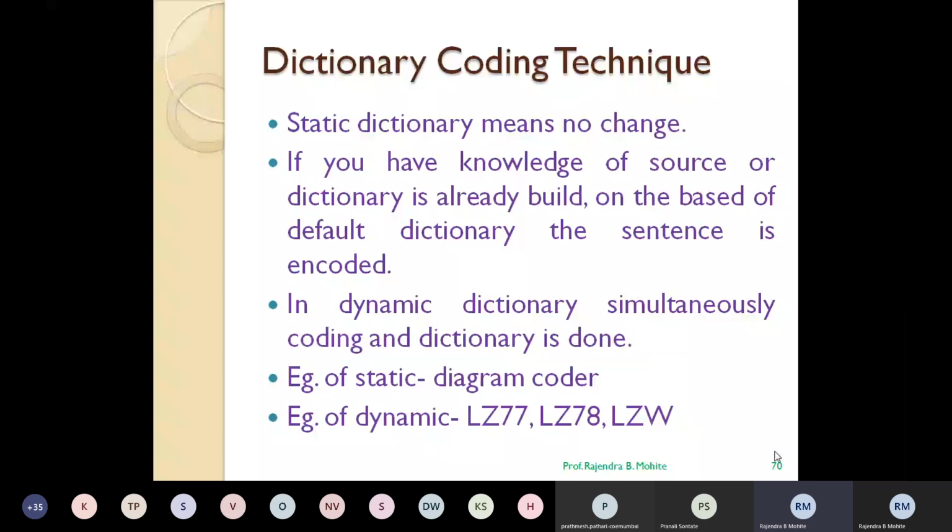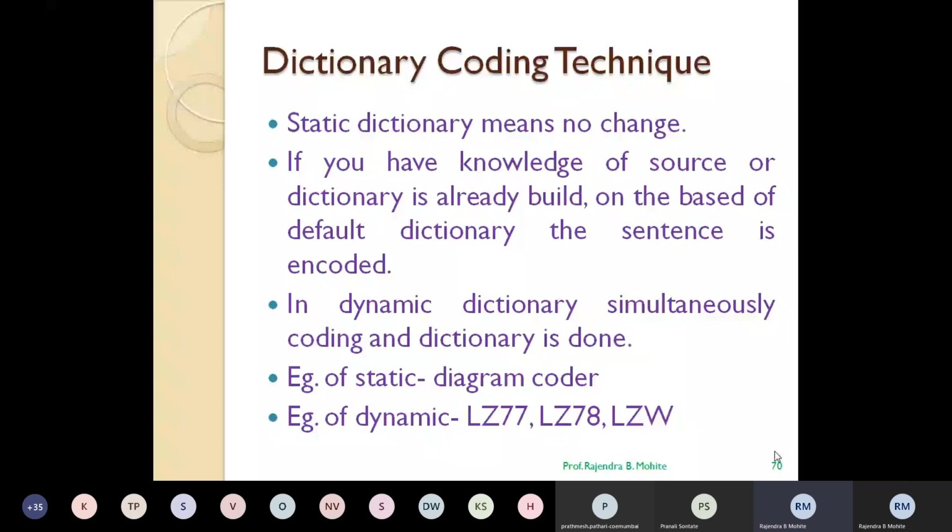That takes place in the static dictionary. That is why I say static dictionary means no change. Whatever source signal or source sample is given to you, it consists of an alphabet. Based on that alphabet, if the dictionary is already given to you, use it; if not, you have to build the dictionary. By using that default dictionary, you encode the sequence. That kind of process takes place in the static dictionary.